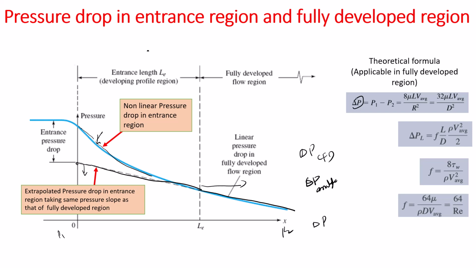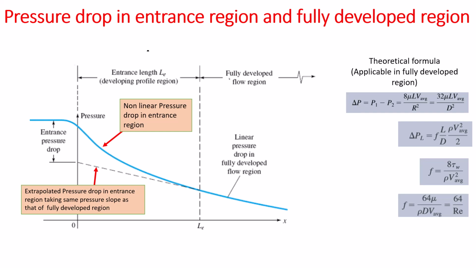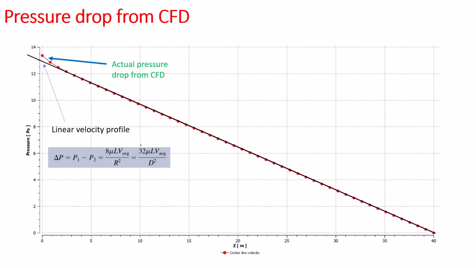Okay, now let me give you an idea about how these formulas are derived. I will cover that in the next lecture. For the time being, we will understand the pressure drop in the pipe. This is the actual pressure drop from the CFD analysis, which we will be running in this course.